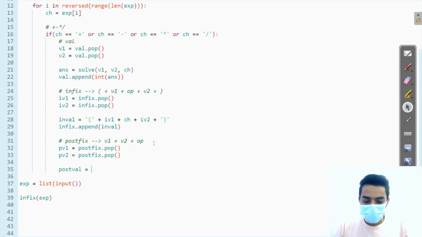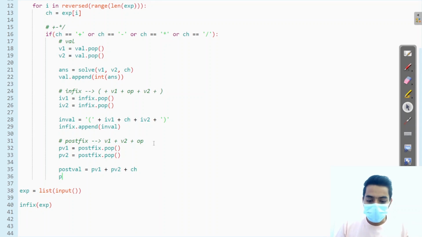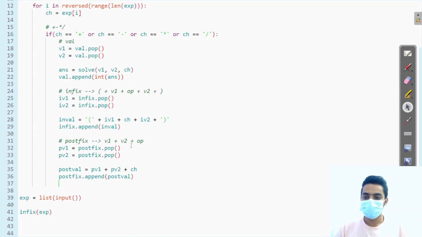Okay, so post val is pv1 plus pv2 plus character, and we need to push this into postfix dot append post val. So this is our expression for prefix and postfix. So now we need to append the operands into every stack.